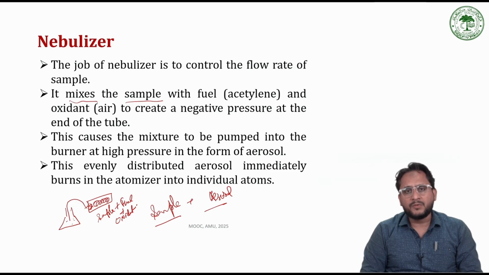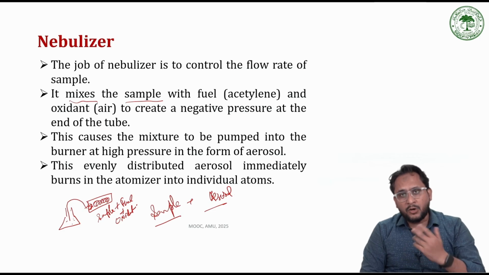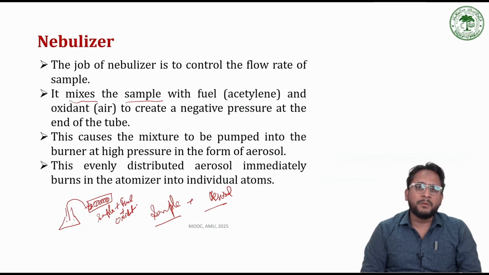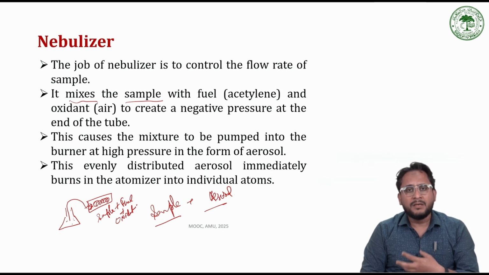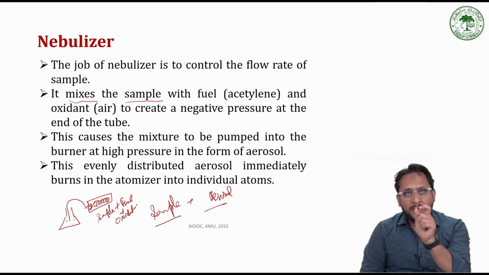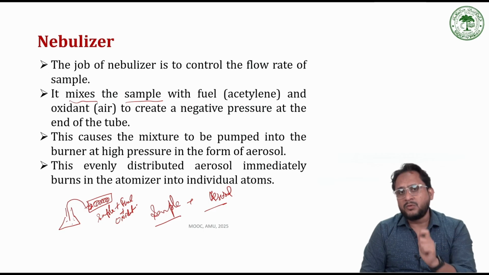Acetylene gas is quite preferable for the AAS technique. So we need some oxidant as well. That could be air, that could be pure oxygen, or nitrous oxide, which oxidizes the sample, resulting in complete combustion of the fuel, so as to give a very high amount of heat.